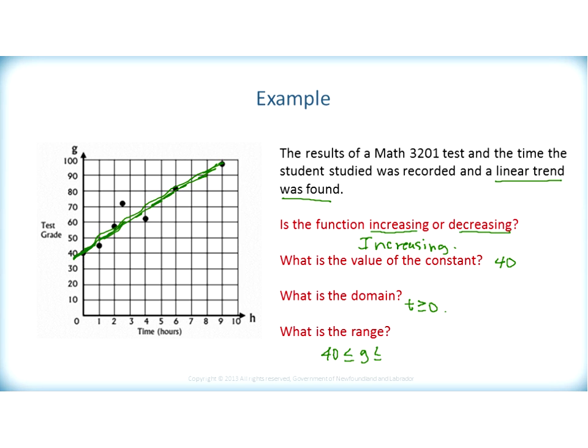The grade is also less than 100%. We could see here that the grade is 40. We have a student who studied for 0 hours getting 40. We have 45. We have maybe 57. So you have to identify this being the range.